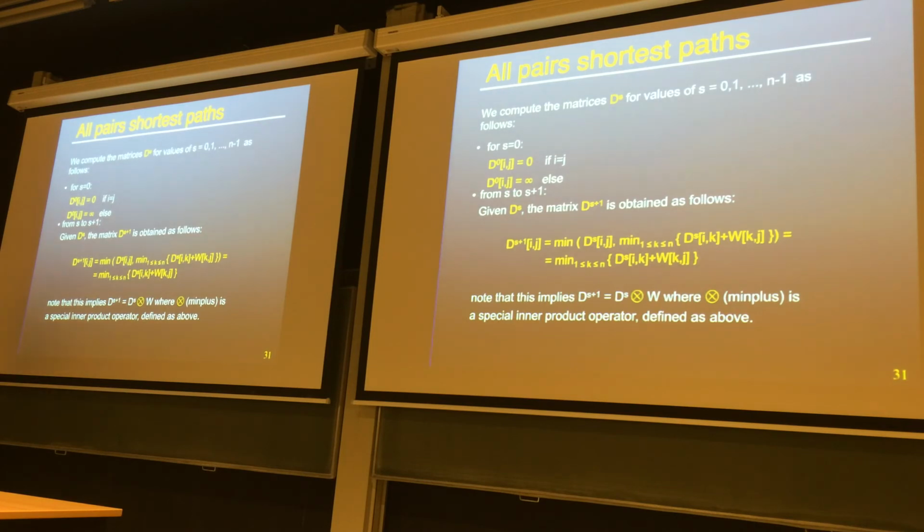Well, here you know that we take the minimum of D^s_ij and the minimum of this one, D^s_ik + w_kj. Well, that is, of course, exactly equal to the minimum over k between 1 and n of D^s_ik + w_kj. Why?